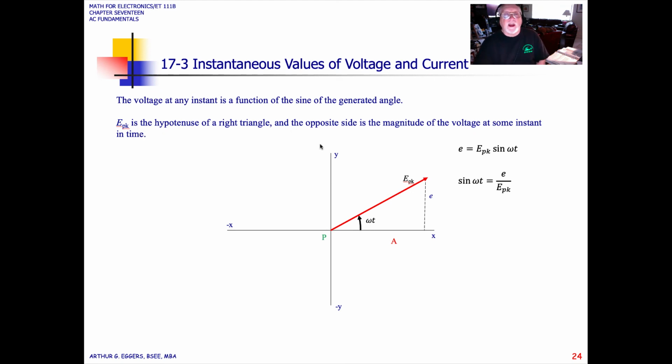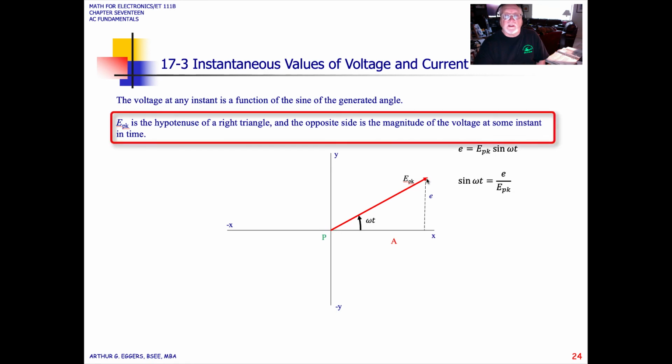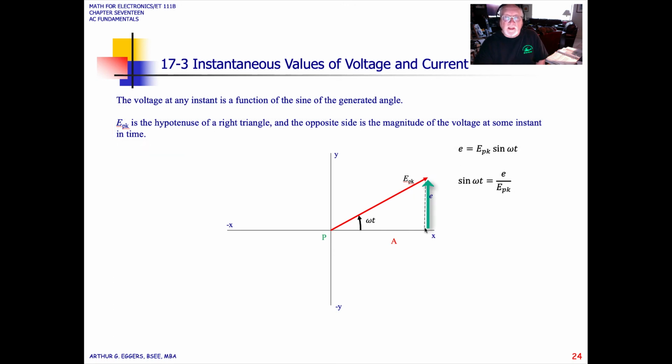The voltage at the peak, which represents the vector length of the radius, E peak, is the hypotenuse of the right triangle, and the opposite side is the magnitude of the voltage at some instant of time. Again, we can look at this height as the instantaneous value. We can determine its length by whatever the unit of measure is on this y axis, and it becomes a projection from the x-axis out to the end of the vector E peak.